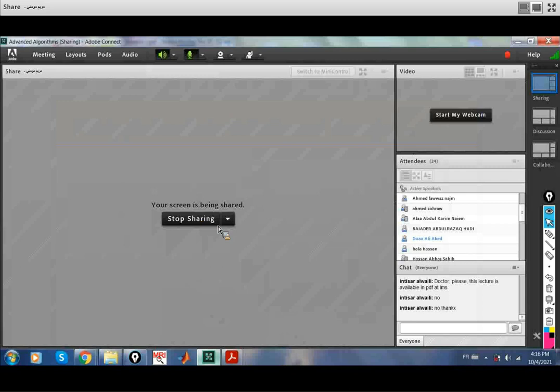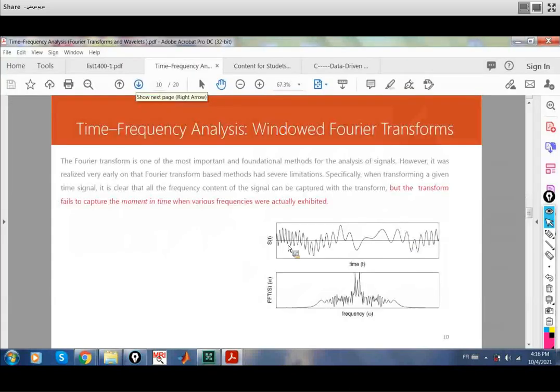And in summary, we can say, for instance, consider this signal s(t). It is in the time domain, and if we use Fourier transform, we have this diagram, this figure.